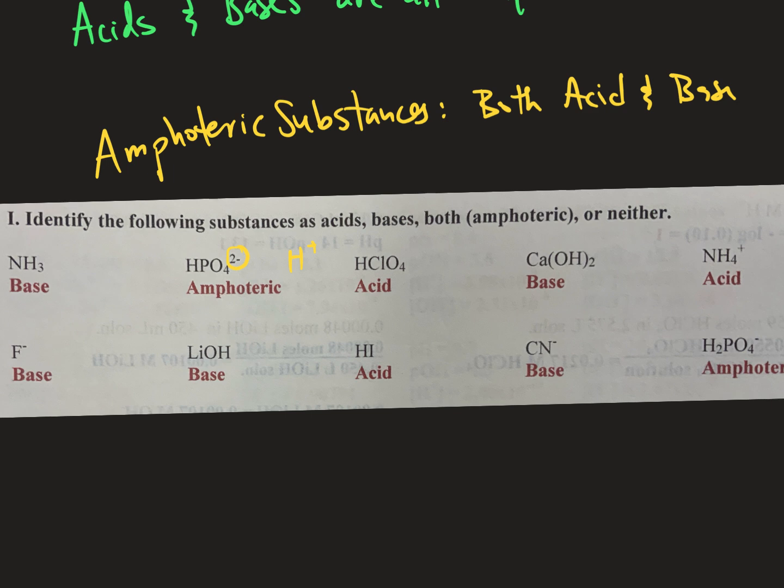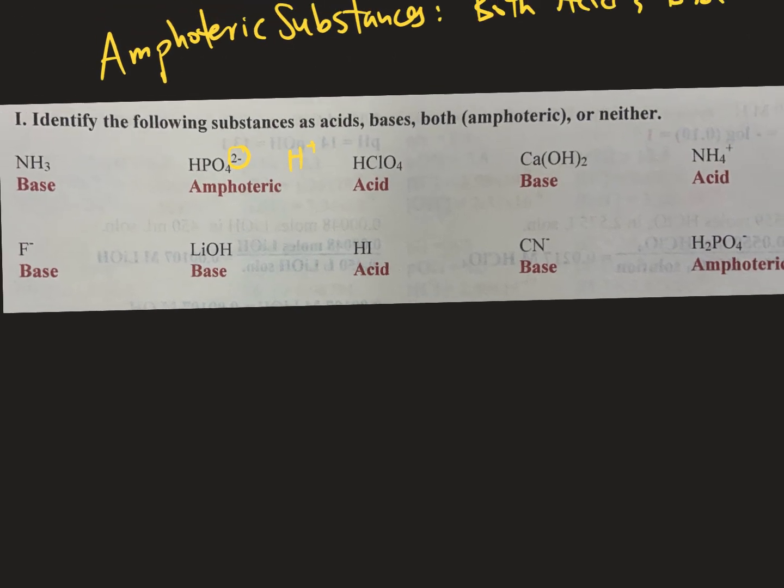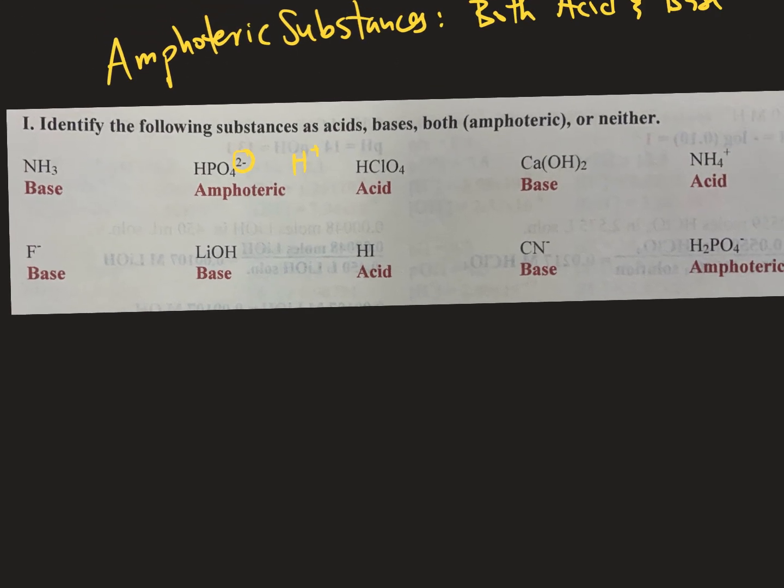Okay, ready to move on? If you need something, just stop me. All right. Yeah, question. So I understand looking for a negative charge to be a base, then how would you always determine that a hydrogen ion can be donated?